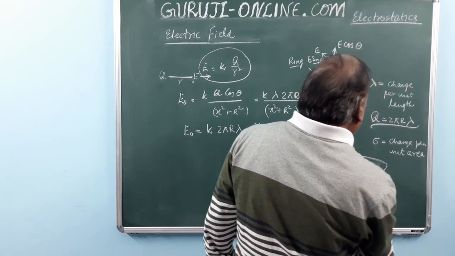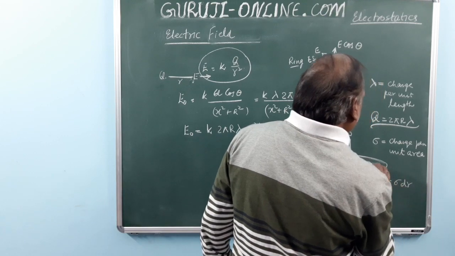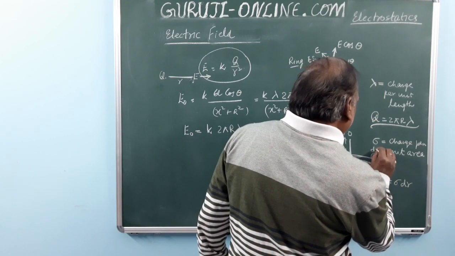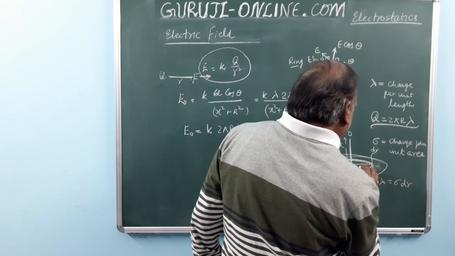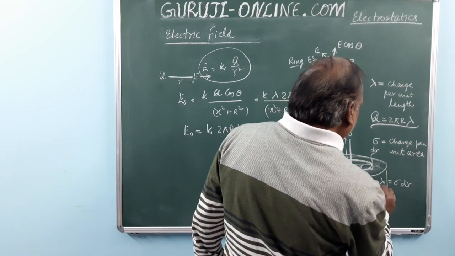Naturally, for this ring, the charge will be sigma dr, where dr is the thickness of the ring, and it is at distance r and radius is r.